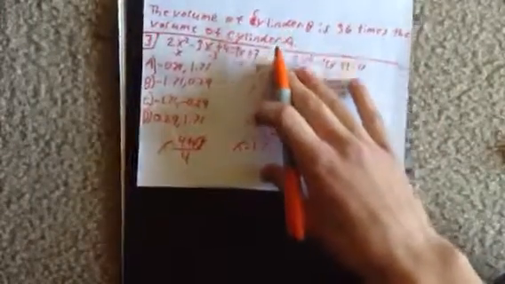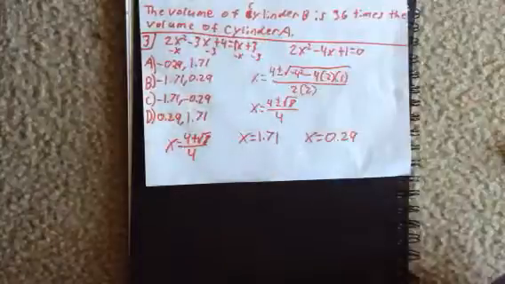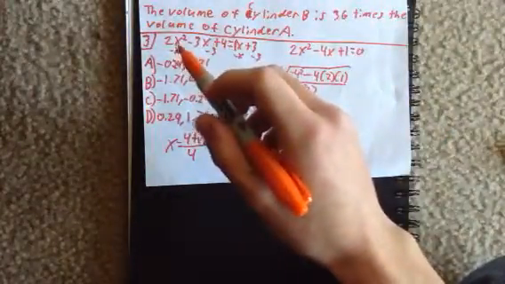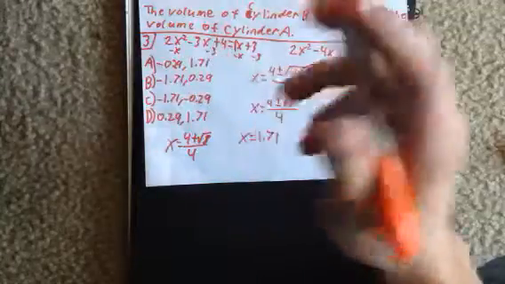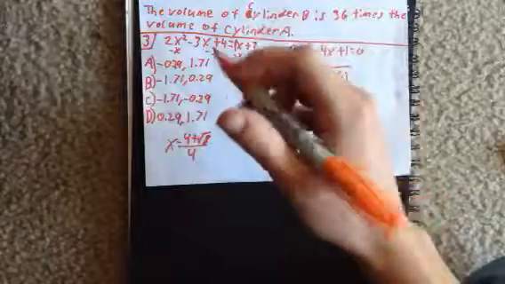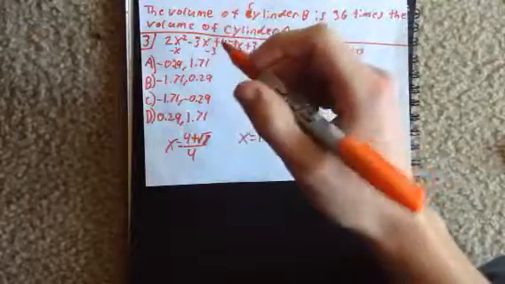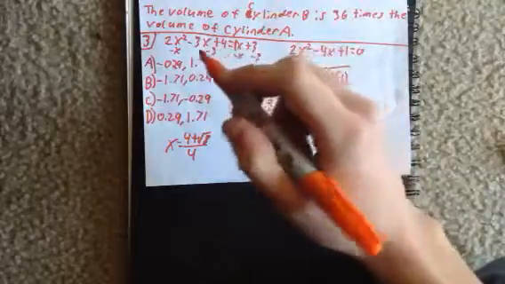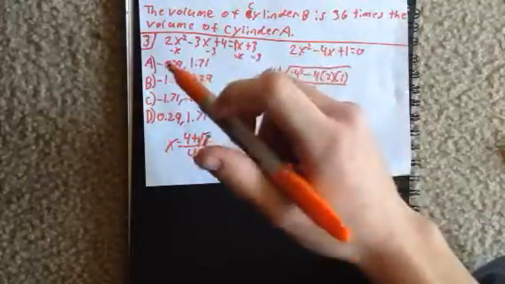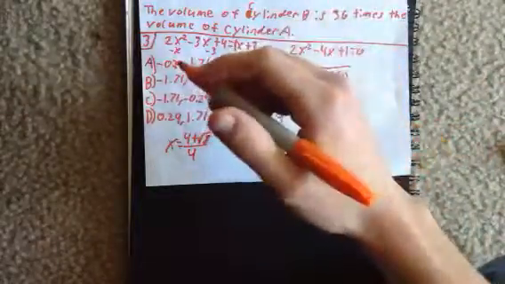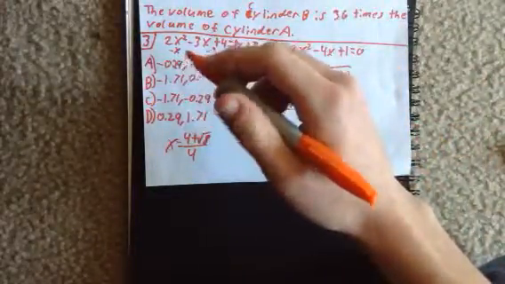And now for question 3. It asks us to find the solutions to the equation 2x squared minus 3x plus 4 equals x plus 3. To do that, what we first need to do is get everything on one side. So we need to subtract x and 3 from both sides.